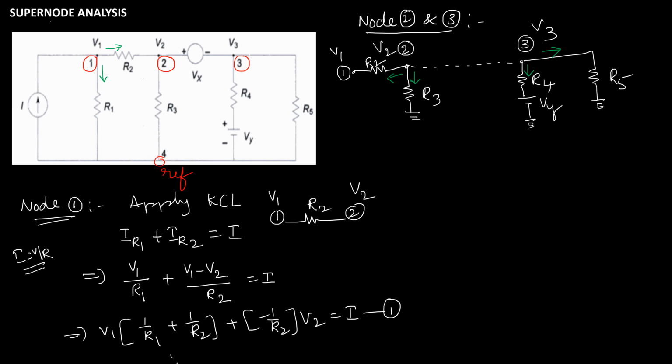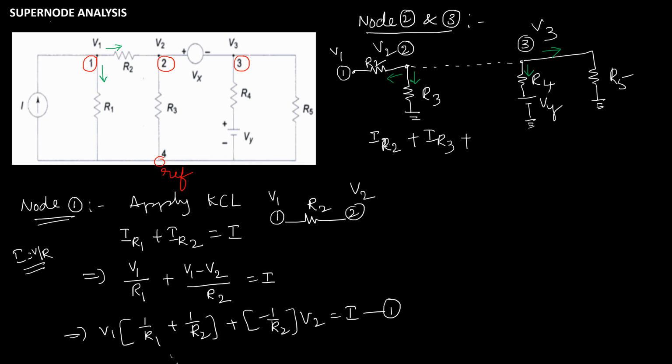That's it. Okay, so now you apply KCL at node 2 and node 3 and write it in a single equation. So first let us start with node 2. That means current flowing through R2 plus current flowing through R3. Put it in a single equation, right?